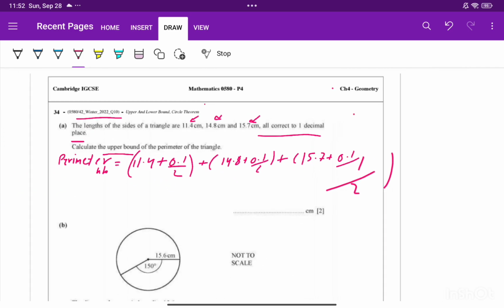We will do this in the calculator, and the perimeter is 42.05. This is our perimeter.